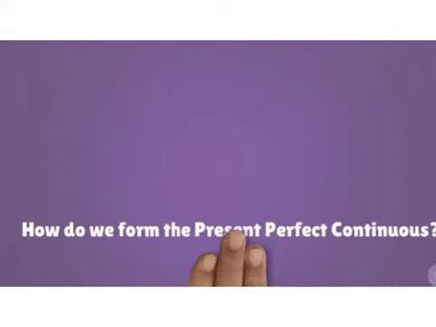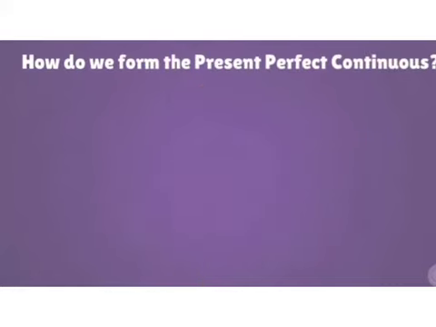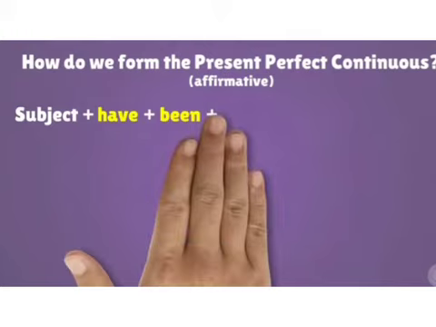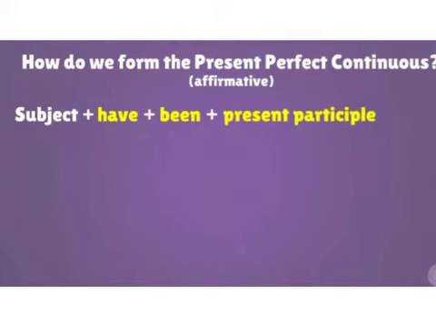Yes, children, now I hope you're thorough with the present perfect tense also. Let's move on to the present perfect continuous tense. So present perfect continuous affirmative. Let's see the formula. Subject plus have plus been plus present participle plus object.